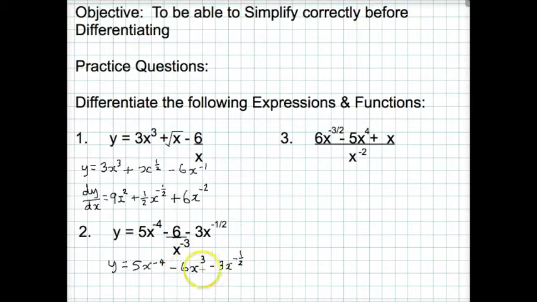Now we can differentiate this, so dy/dx. This becomes negative 4 times 5, which is negative 20x. The power of negative 4 is going to reduce to negative 5. Then 3 times negative 6 gives us negative 18x. Reduce the power by 1 makes it 18x squared.